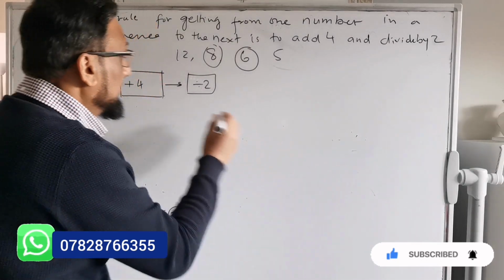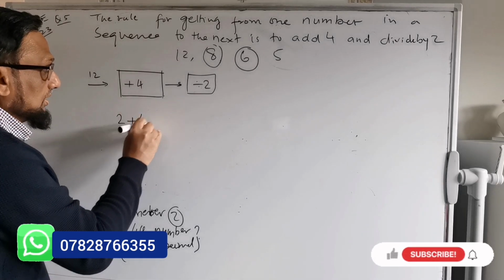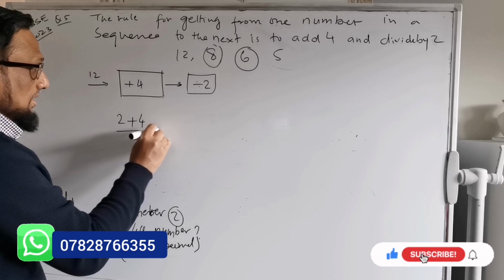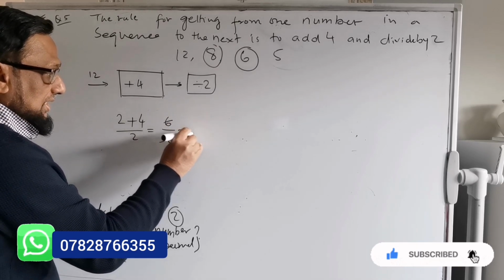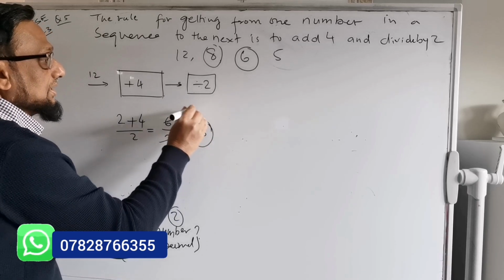So 2 plus 4 is 6, divided by 2 is 3. This is our second number.